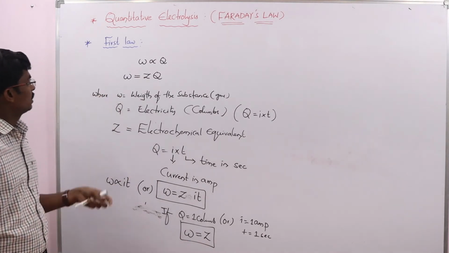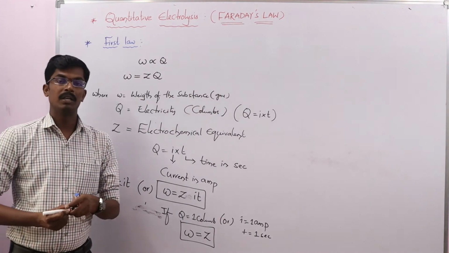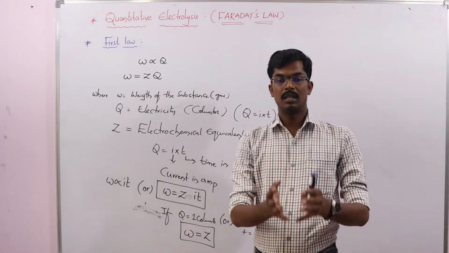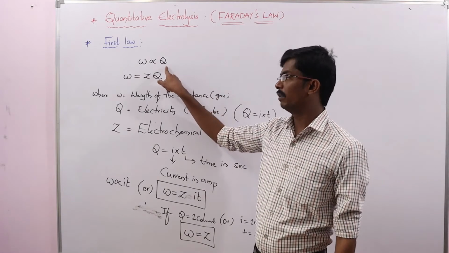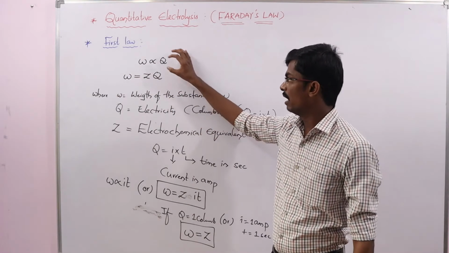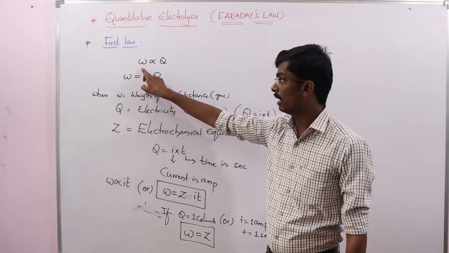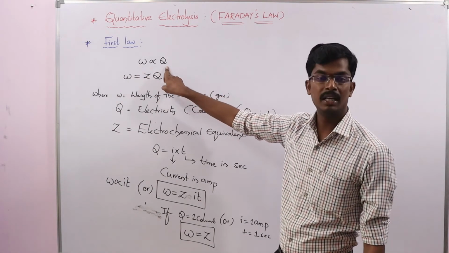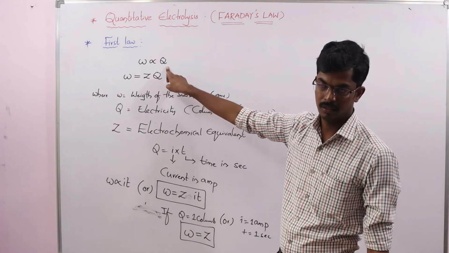So the first law states a quantitative relationship between the amount of substance deposited and the quantity of electricity. Simply, the amount of substance deposited or electrolyzed is directly proportional to the quantity of electricity. Got it?